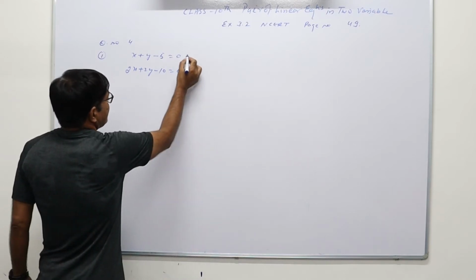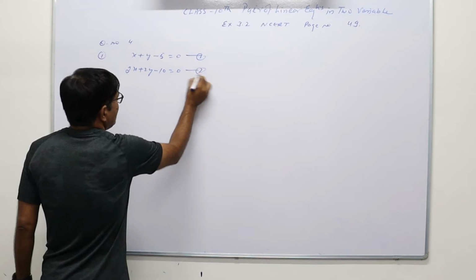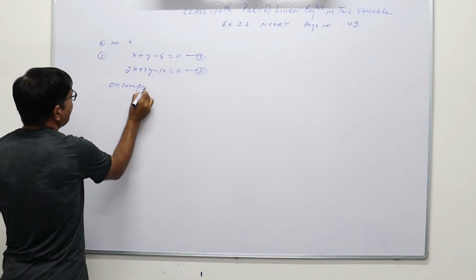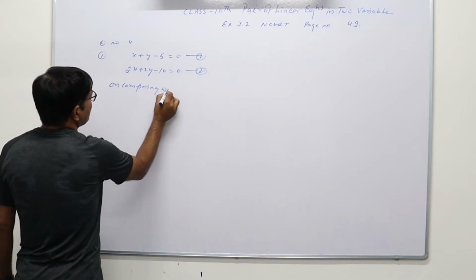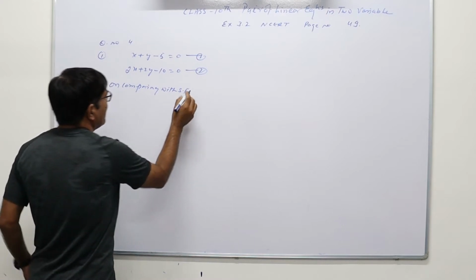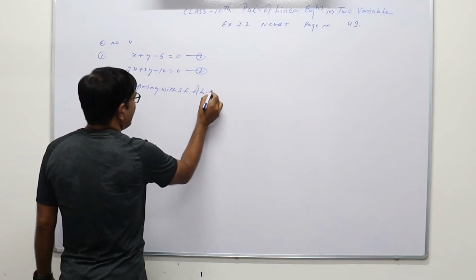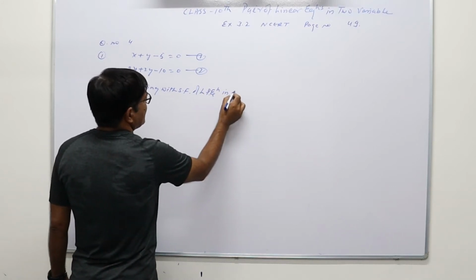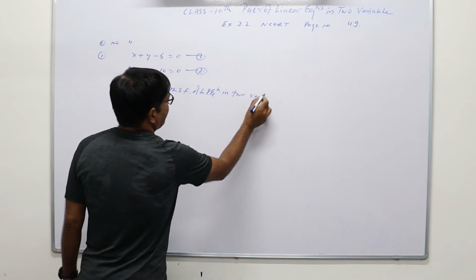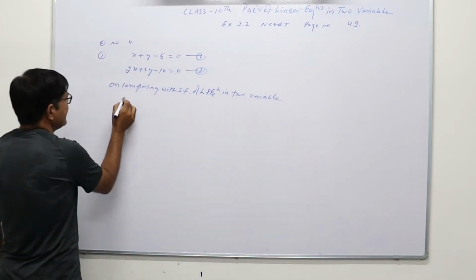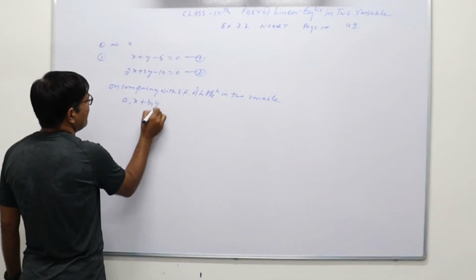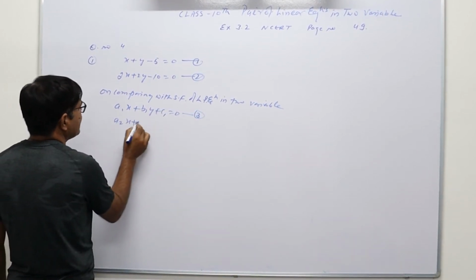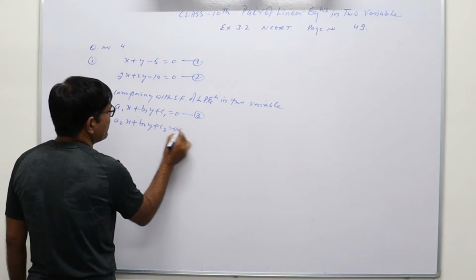First, the system is given in this way, so we will compare with the standard form. So on comparing with the standard form of a linear pair of equations in 2 variables, that is, let the first be a1x plus b1y plus c1 is equal to 0, and the second be a2x plus b2y plus c2 is equal to 0.